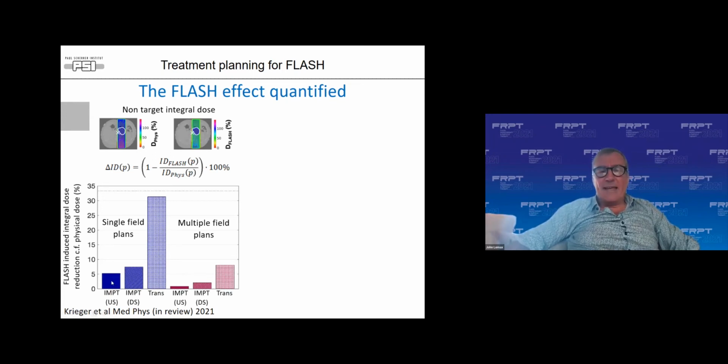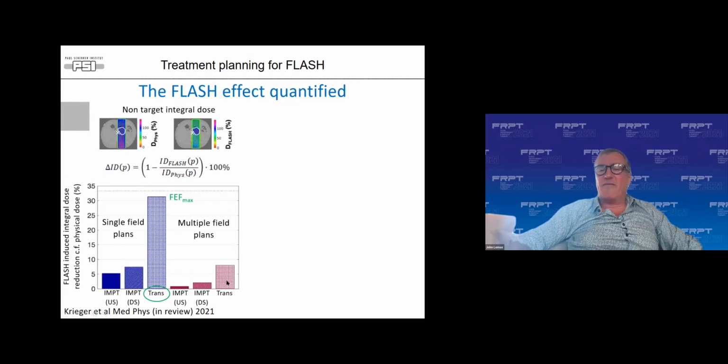So if we look at the pencil beam scan plan with upstream modulation, the flash is not as effective as the downstream modulation. And remember, because downstream modulation gives us a higher beam dose rate, the transmission is extremely effective. So the transmission really gets a high dose of flash effect and reduces the integral dose by the maximum amount, which in our model is around about 33%.